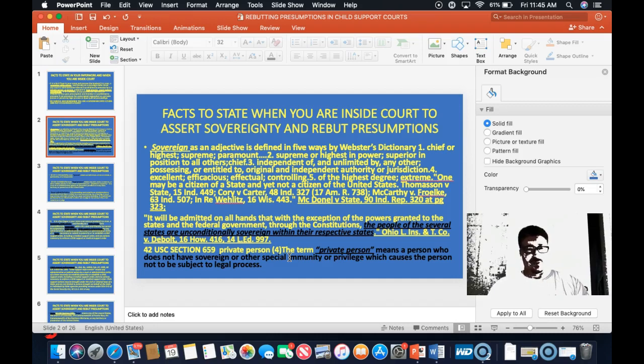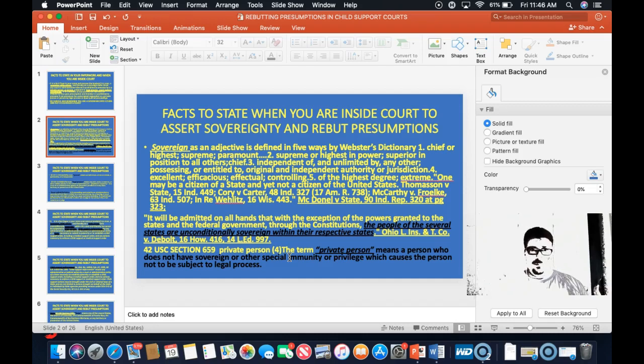Again, I'm not a sovereign citizen, and neither are you, but they want to group us in. It's a presumption that every sovereign citizen is a domestic terrorist, and there are allegedly some cases where sovereign citizens went to court, caused all kinds of ruckus, or threatened a judge. I suspect whoever those sovereign citizens were were probably government agents anyway, to give that name.